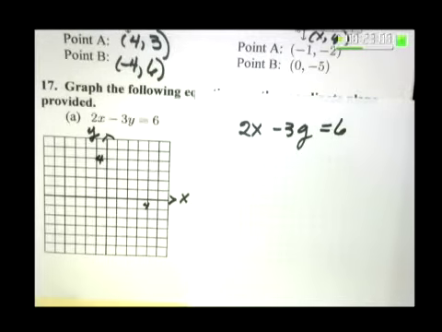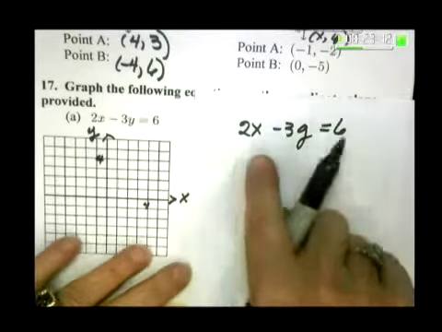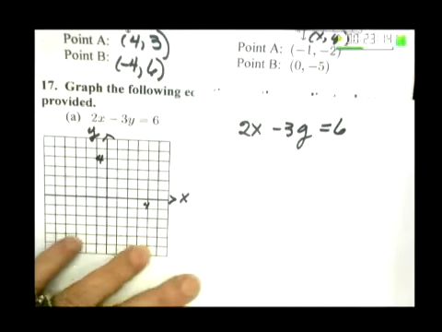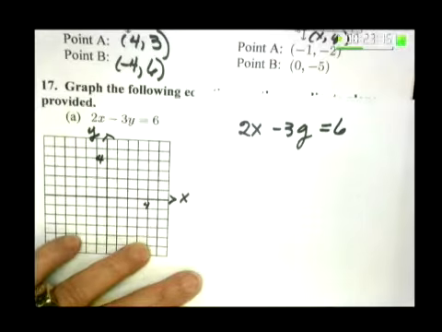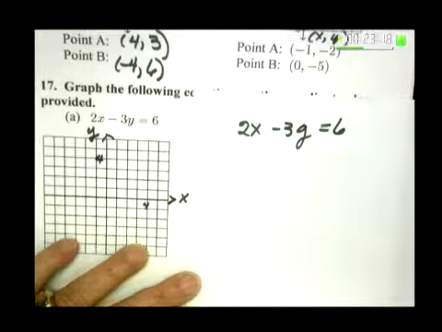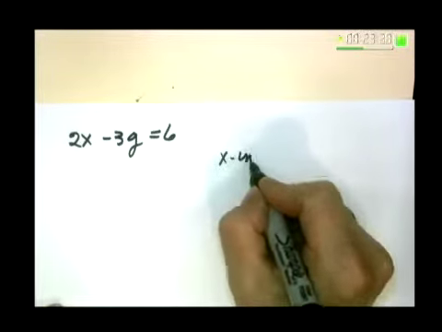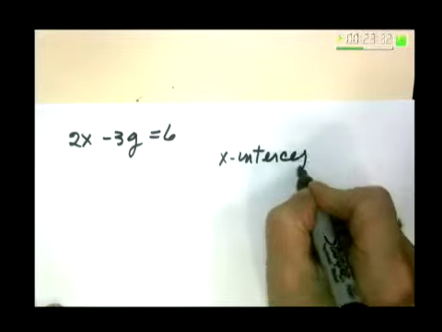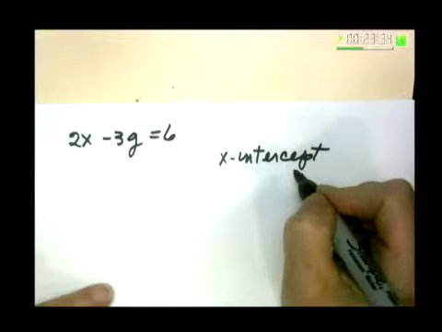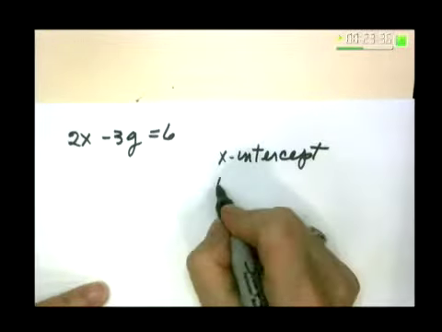In order to do this, there are many different ways of doing it. I find that when I have an equation in this form, if I find the x-intercept and find the y-intercept, it is usually the easiest way to graph. Now the x-intercept is where the graph crosses the x-axis.